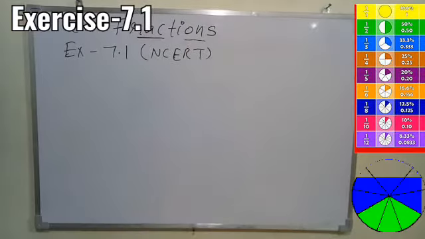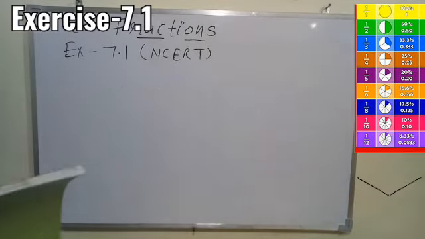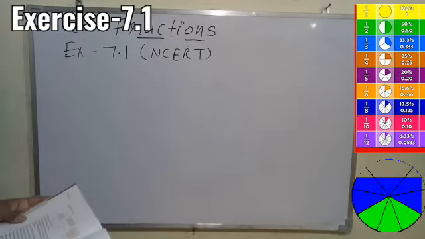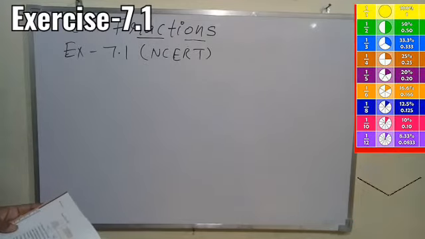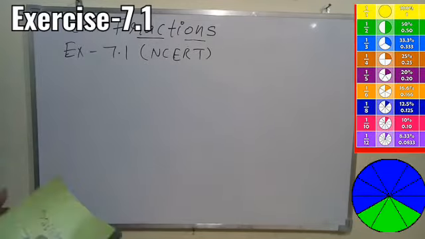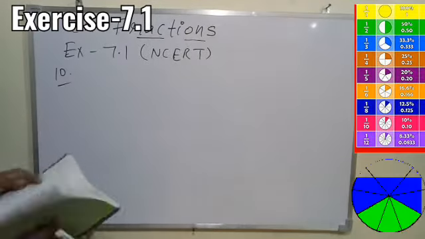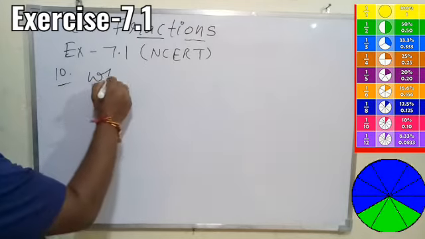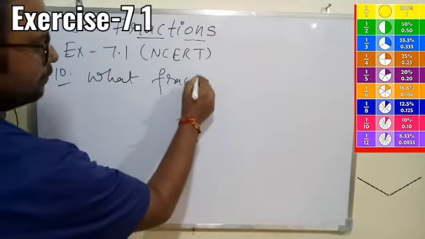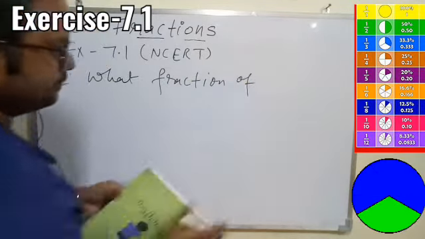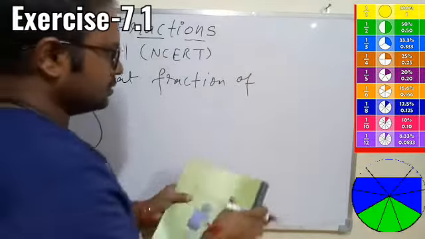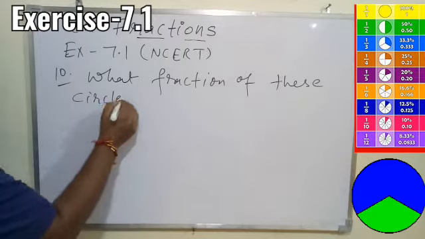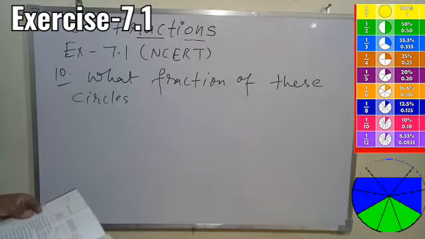So let's try the next one. I'm going for number 10, since 8 is done. Number 10 asks what fraction of these circles have an x. Okay, so let me write it down. What fraction of these circles have x? I'll draw the diagram also.